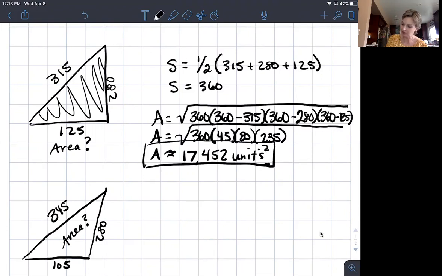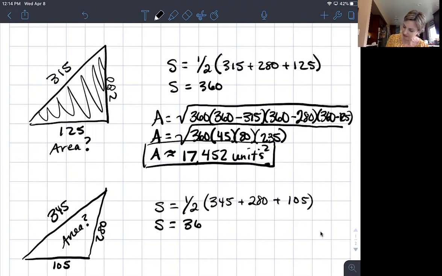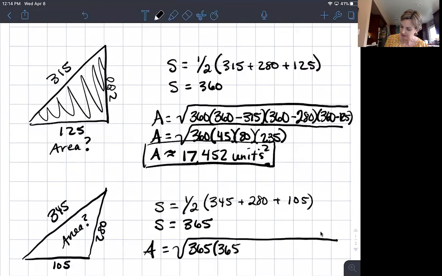All right, so the first thing you do is find that semi-perimeter, which is going to be 1/2 of 345 plus 280 plus 105. So the semi-perimeter for this triangle is going to be 365. Plugging that into Heron's formula: 365 times (365 minus 345) times (365 minus 280) times (365 minus 105).